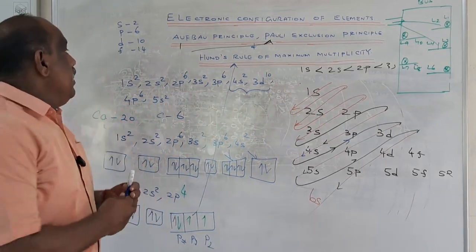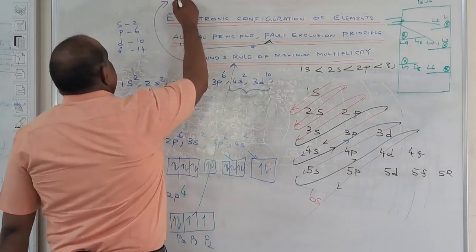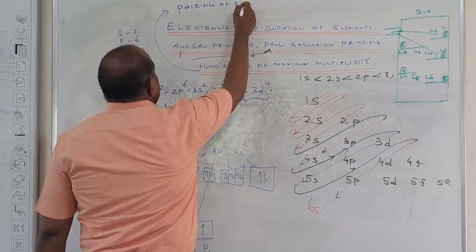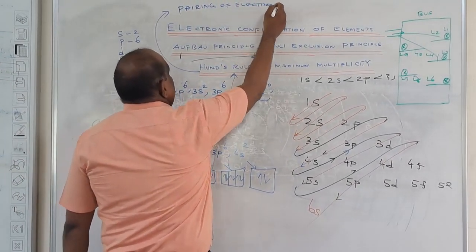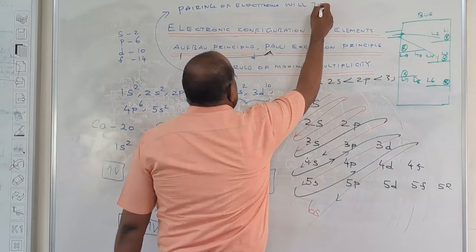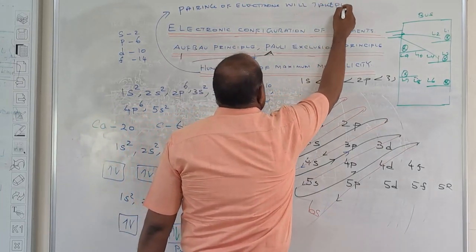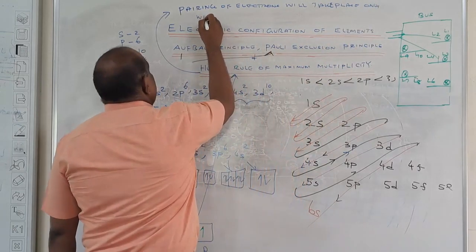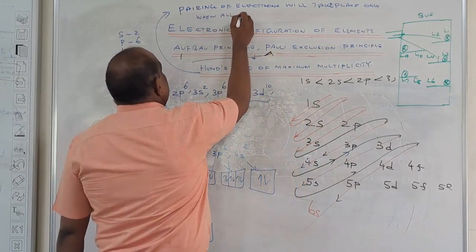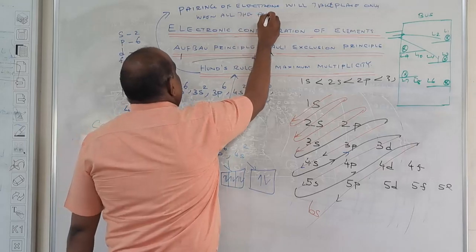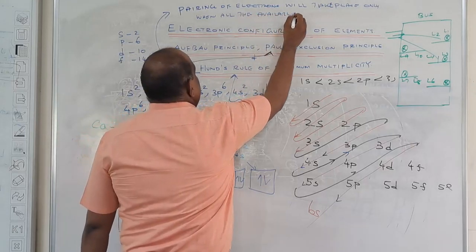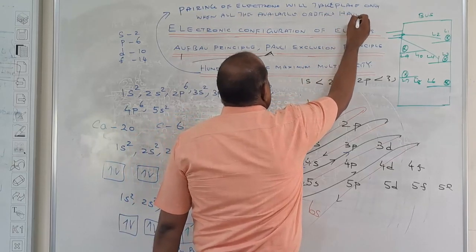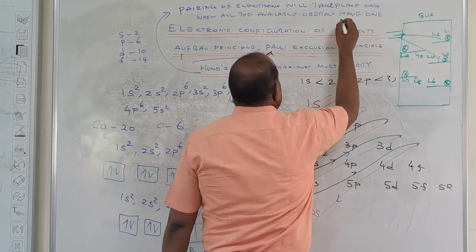This rule says that pairing of electrons will take place only when all the available orbitals have one electron each.